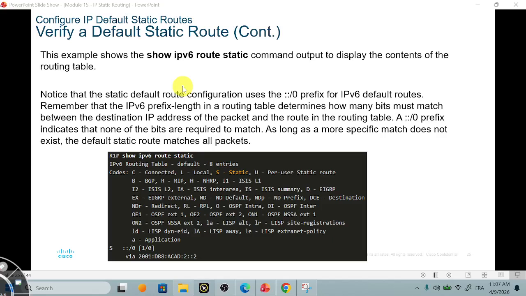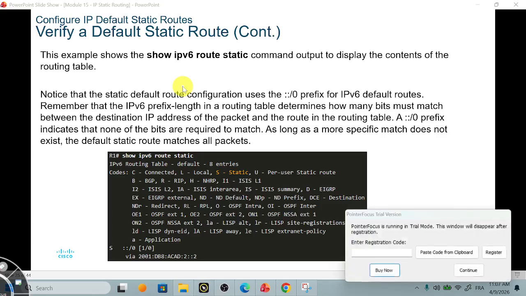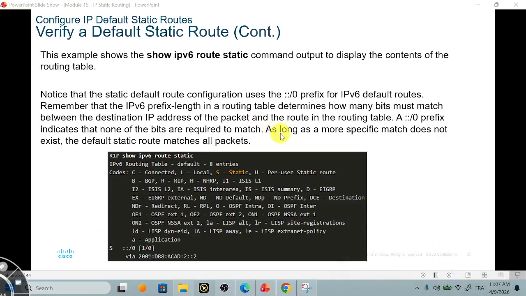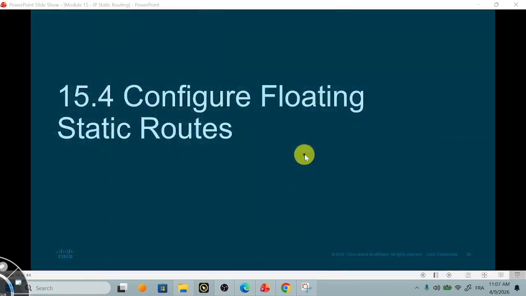For IP version 6, we use ::/0 and we add the next hop IP address. Now, how to configure a floating static route. What does floating mean?